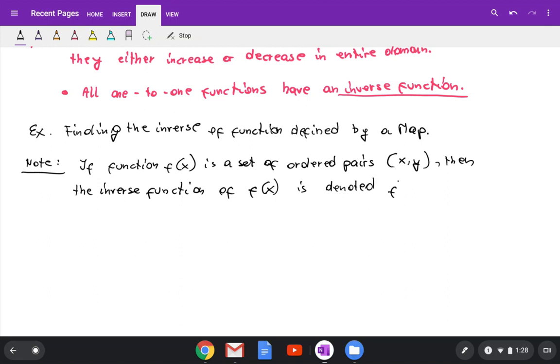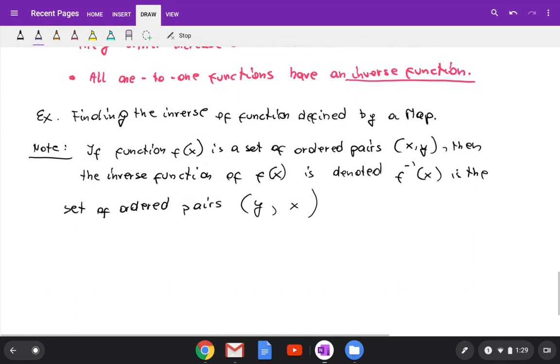Again, the inverse function, f to the power of negative 1 of x, this is the notation of the inverse function, is the set of ordered pairs, and what used to be x will become y, and what used to be y will become x. So we are switching the order of coordinates.